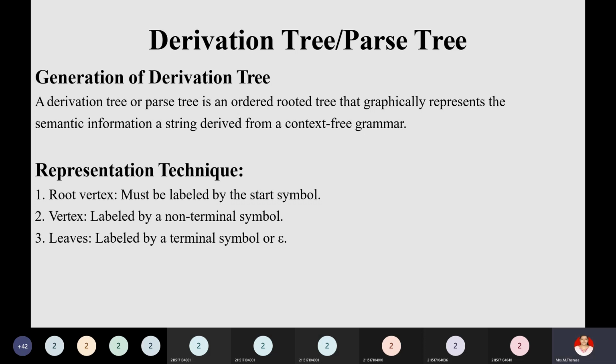So this is how you generate a derivation tree. Always the root must have the label start symbol, other vertices are labeled by any of the non-terminals, and the leaf nodes must contain only a terminal symbol or epsilon. Epsilon is the empty string.